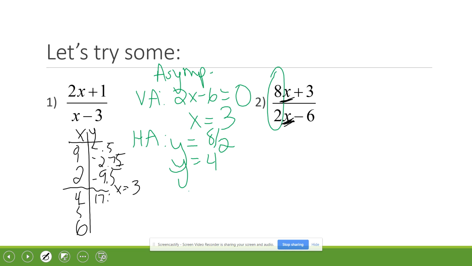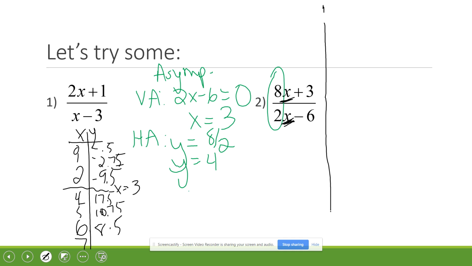And then 17.5, 10.75, and 8.5. So maybe you might even want to pick 7 down here so you don't have to graph that 17.5. But again, that is completely up to you.